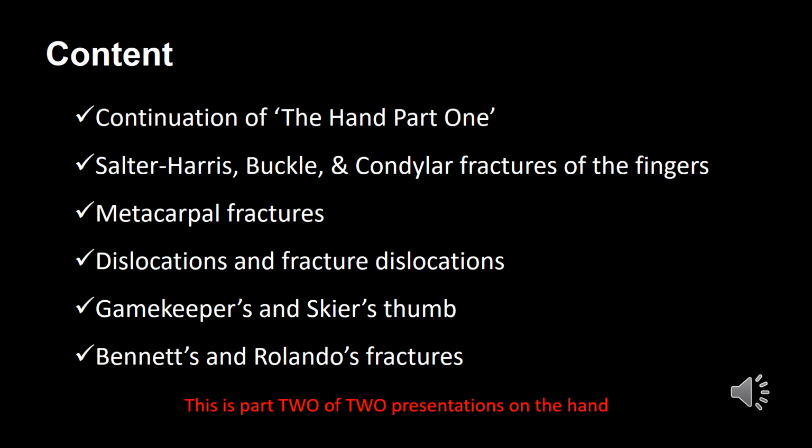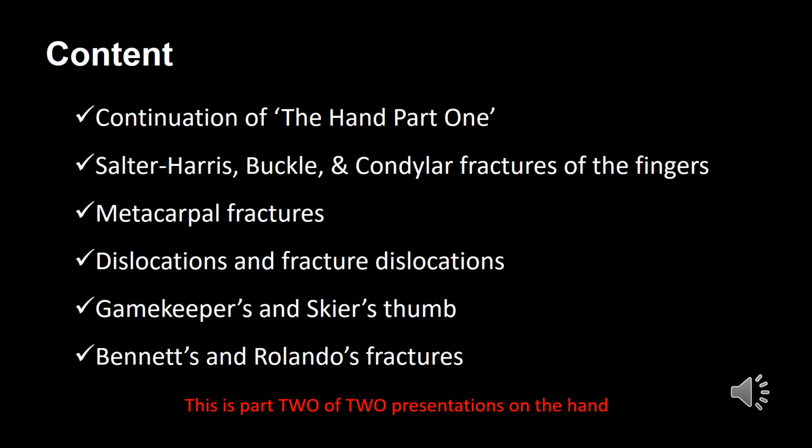So we will continue to start with the finger and revisit some Salter-Harris fractures, buccal and condylar fractures as well of the fingers, and then we'll move on to metacarpal fractures, fracture dislocations and dislocations, some specific cases of gamekeeper's and skier's thumb, and we'll also look at base of first metacarpal fractures, Bennett's and Rolando's.